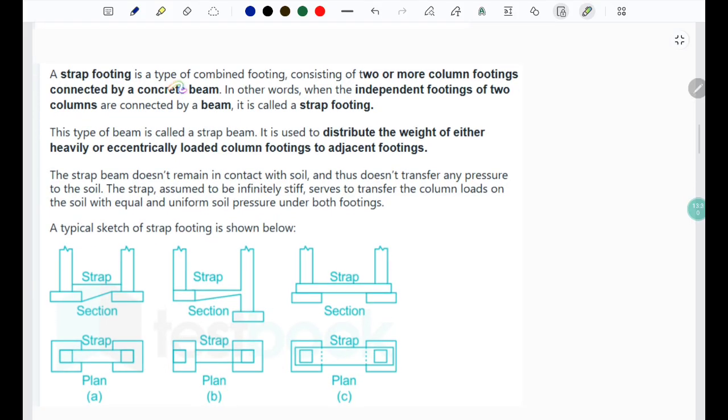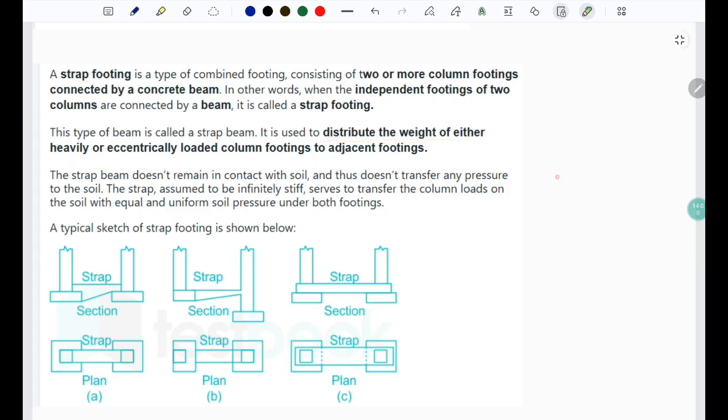A strap footing is a type of combined footing which consists of two or more column footings connected by a concrete beam. In other words, when the independent footings of two columns are connected by a beam, it is called strap footing. This type of beam is called strap beam. It is used to distribute the weight of either heavily or eccentrically loaded columns.